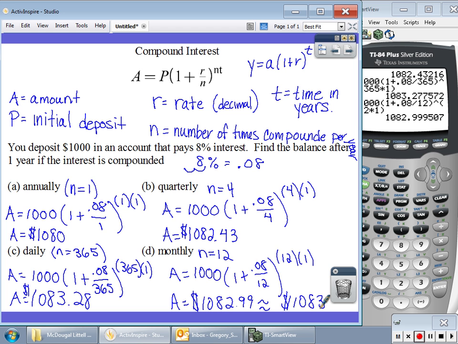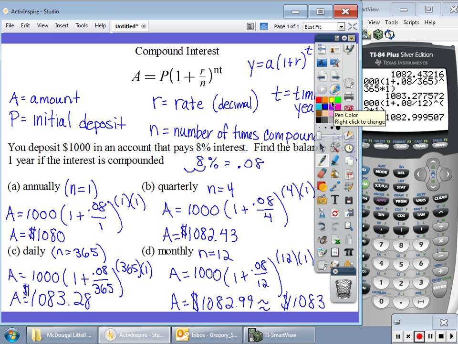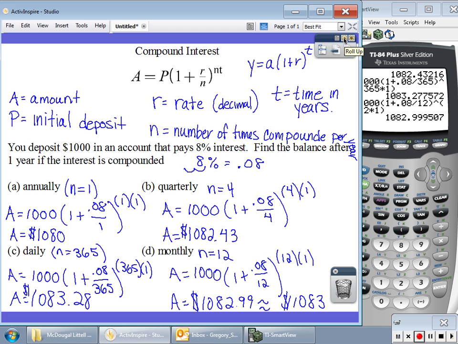So one thing you should notice is, let me highlight some numbers here for us. When n is 4, it was 1,082.43. When n is 1, it was just 1,080. When n was 365, we had 1,083.28.